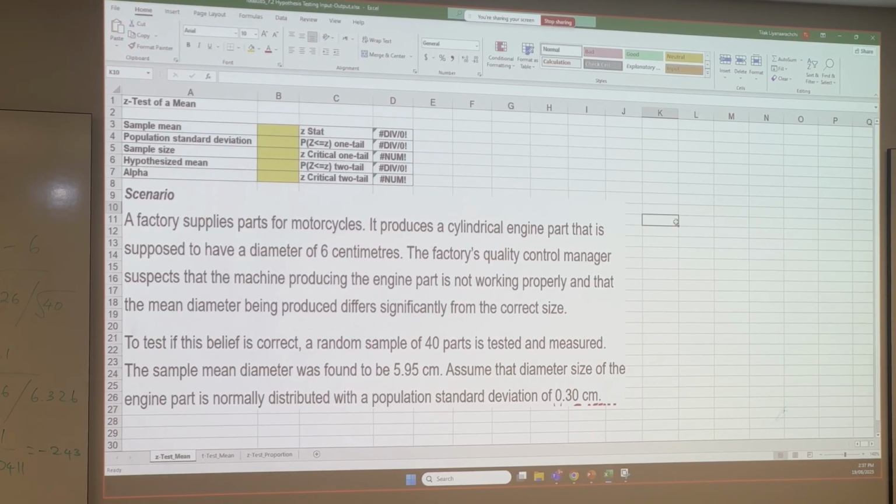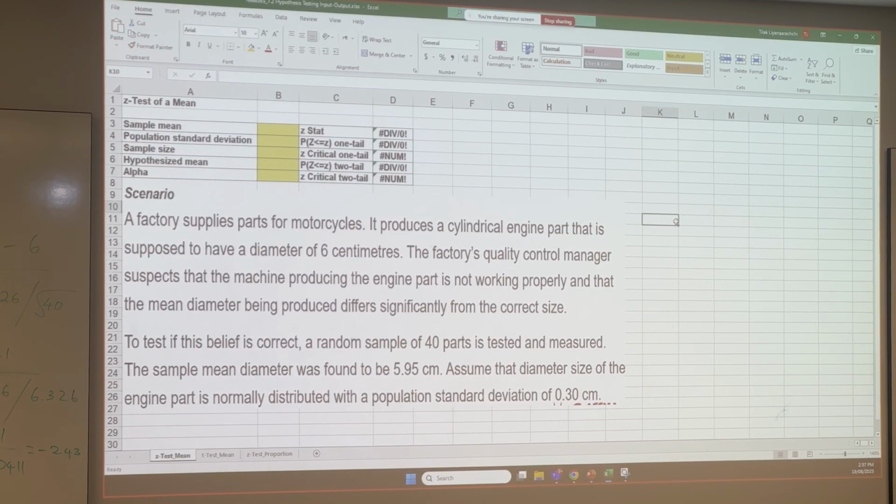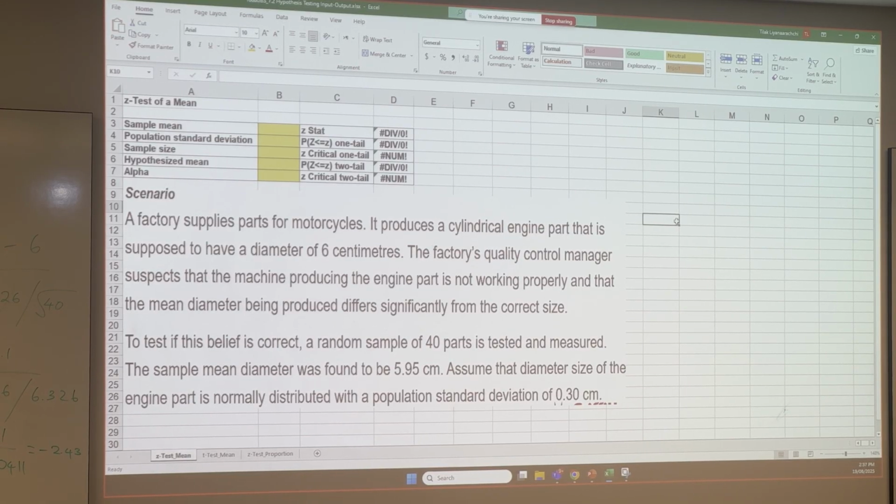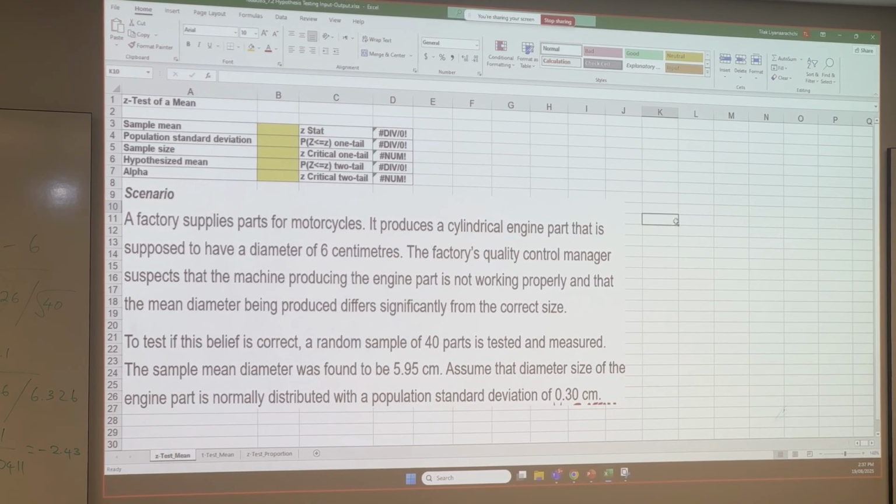Okay, I think I know what's happening. This is 5.9. Yeah, I can't find it.